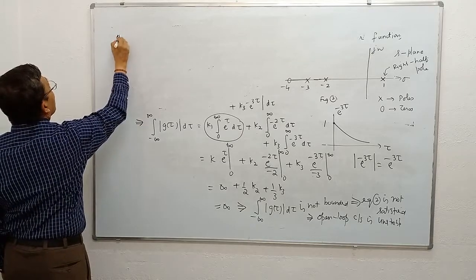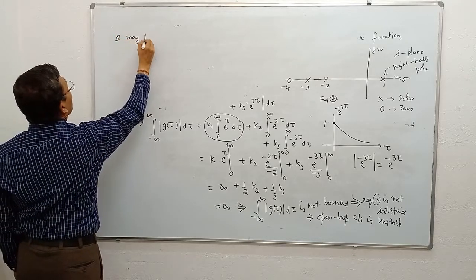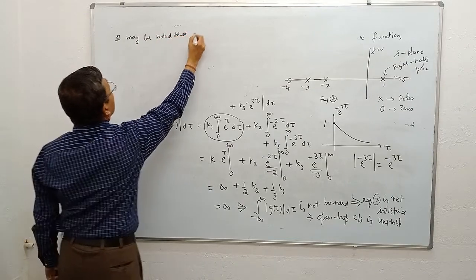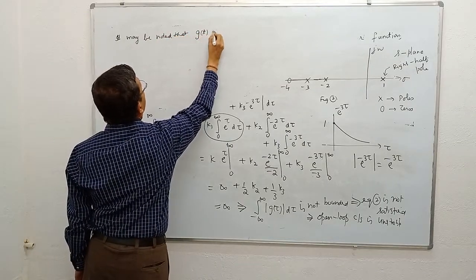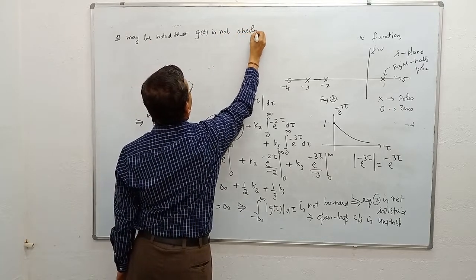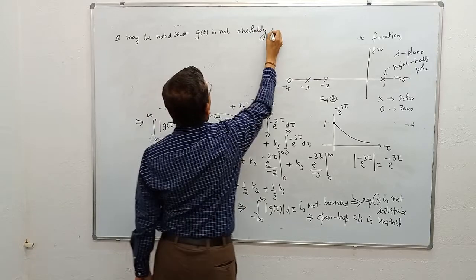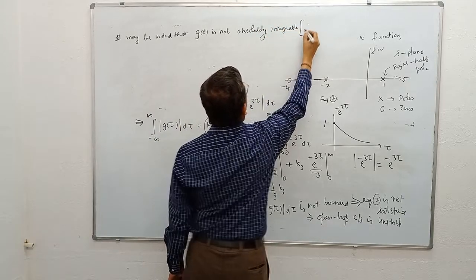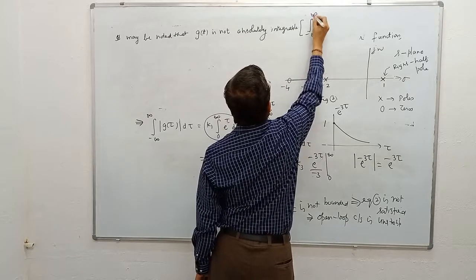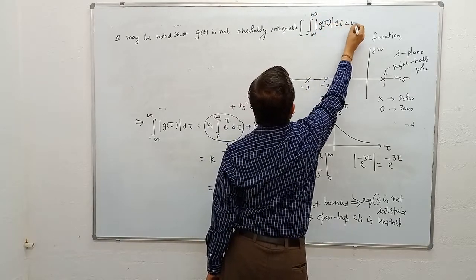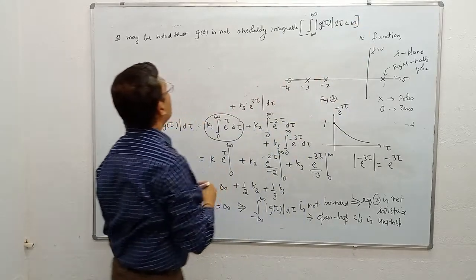It may be noted that g of t is not absolutely integrable. That means the integration from minus infinity to plus infinity of modulus of g of tau d tau is not less than infinity; it is not absolutely integrable.